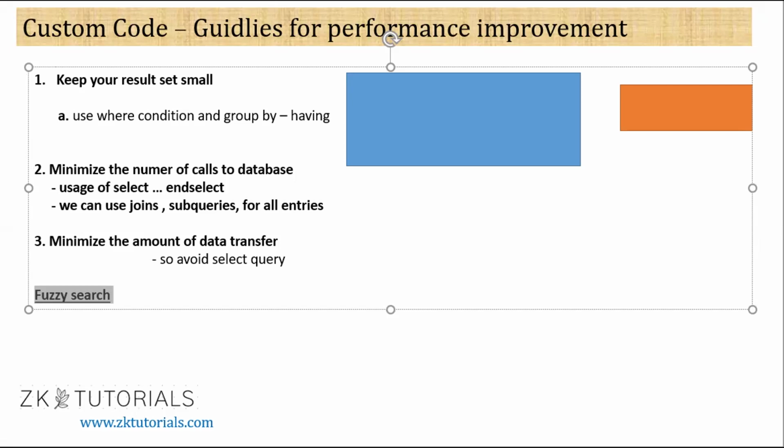So avoid using a lot of unnecessary searches. In that case, what is the option we can choose? We can go with full text search. This is another feature SAP HANA offers, and we will cover it in our last session.